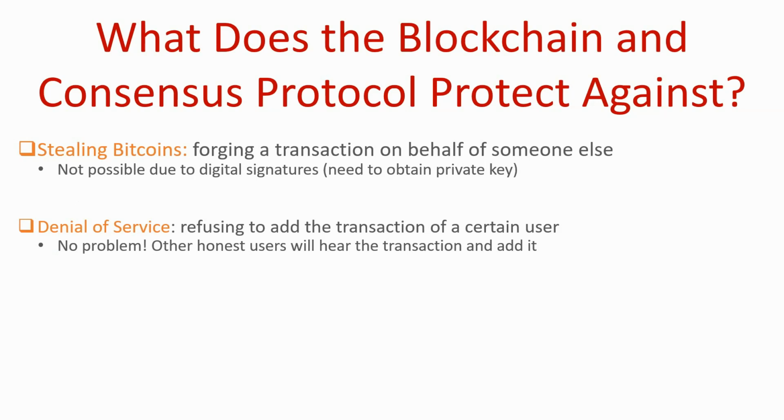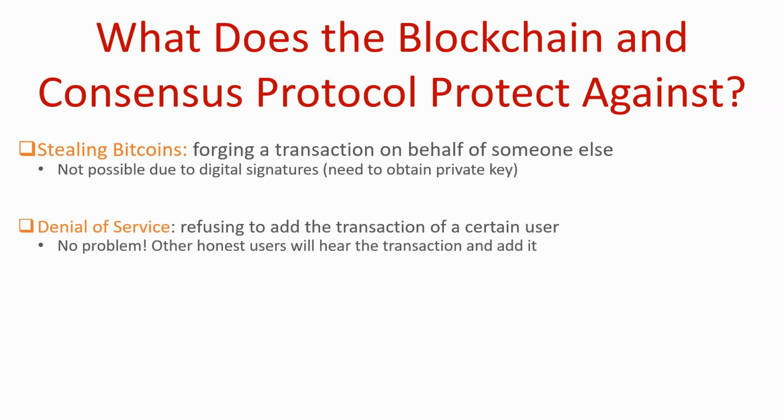What about denial of service? Can a certain miner, let's say miner X, decide to deny service to Bob? Can miner X, for example, tell Bob that I am not going to include your transactions in any block that I generate? The answer is yes. The miner can actually say that. But is this a problem?